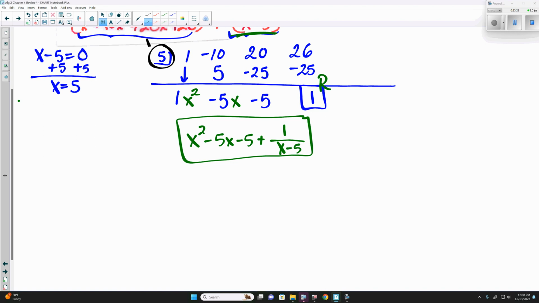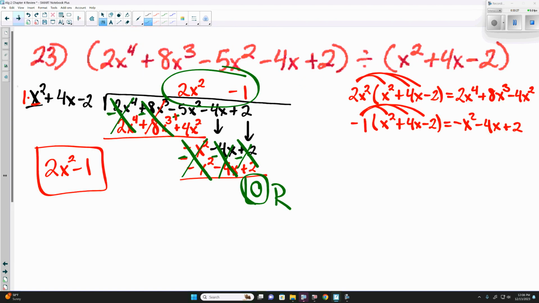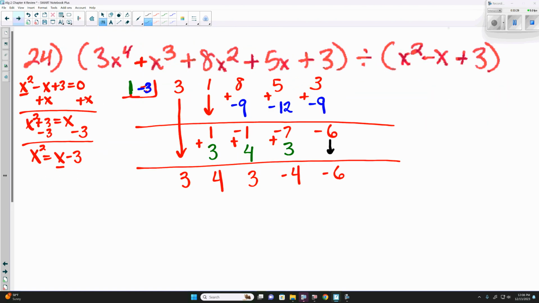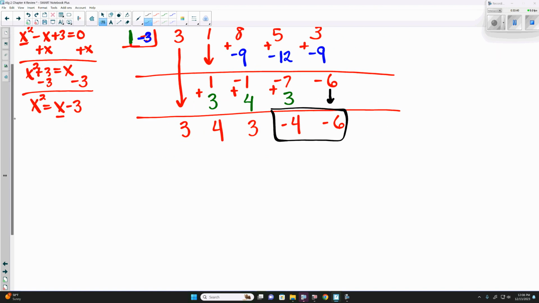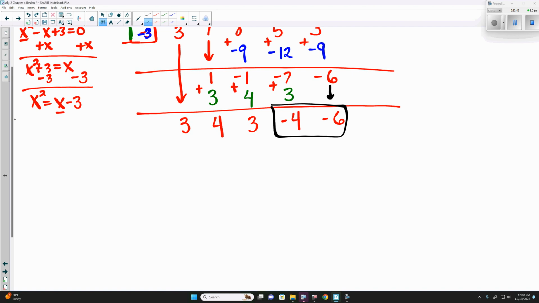And how many numbers did we have for our remainder? 1. Here, how many numbers do we have in the box? 2. So how many remainders should we have? 2. So the last 2 numbers are a part of our remainder, and the others are not.